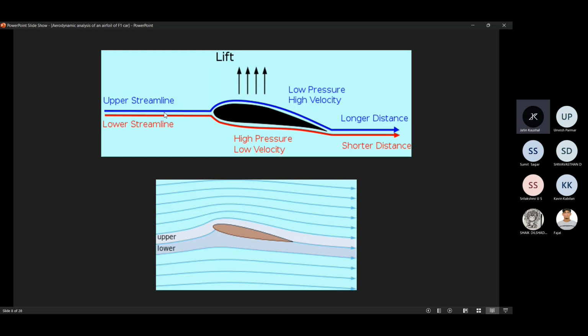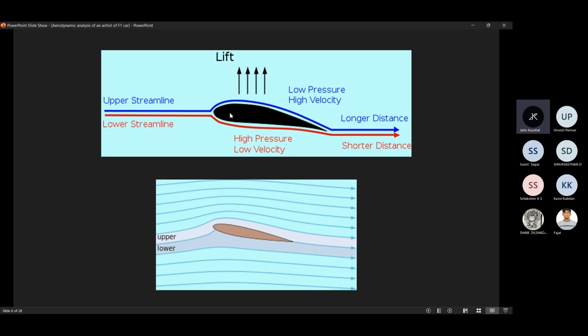So these are two parallel streamlines that attach to the object, and in equal transit time theory we assume that both of these streamlines detach and reattach at the end of the airfoil at the same time.